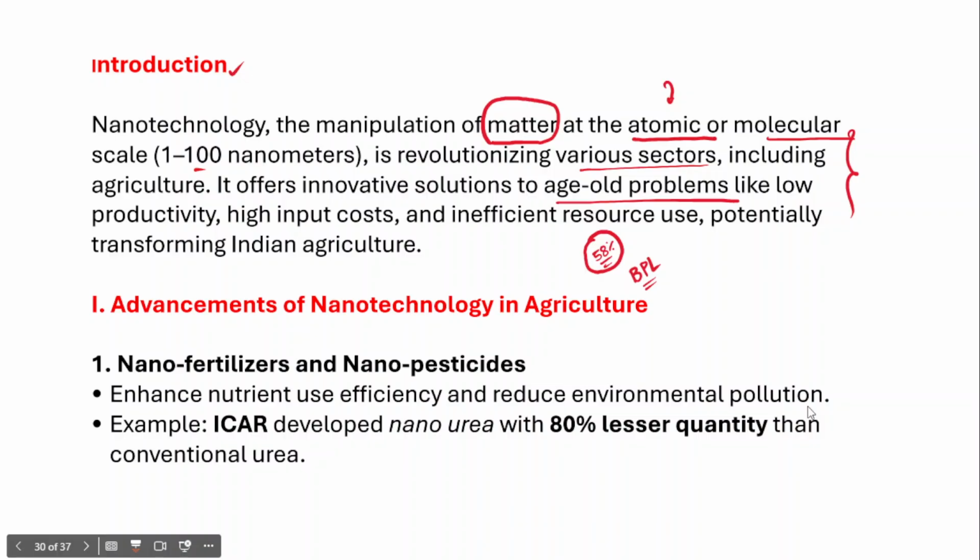But nano fertilizers can help increase the nutrient use efficiency. The Indian Council of Agricultural Research has recently developed nano urea, and this nano urea has 80% lesser quantity than the conventional urea, but it is more efficient when it comes to nutrient usage.